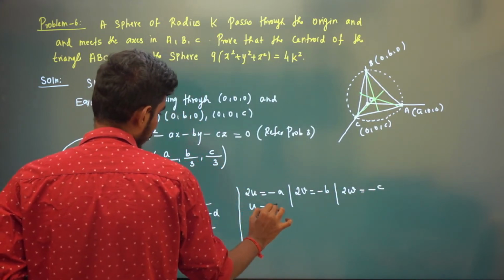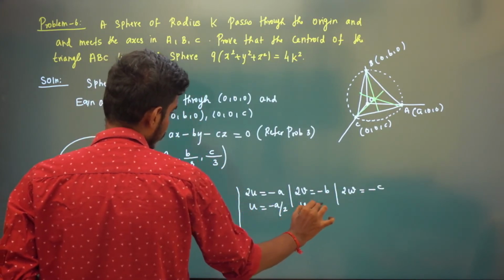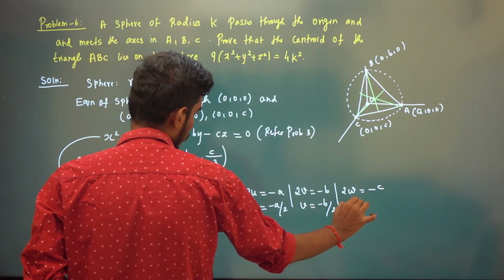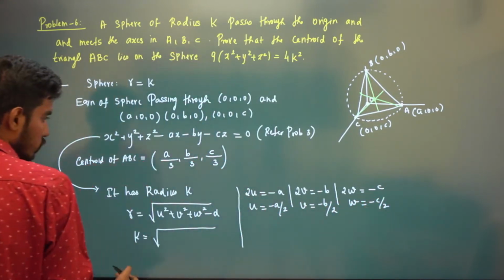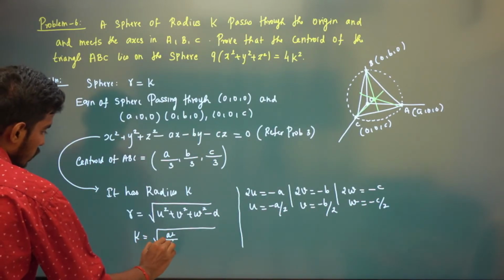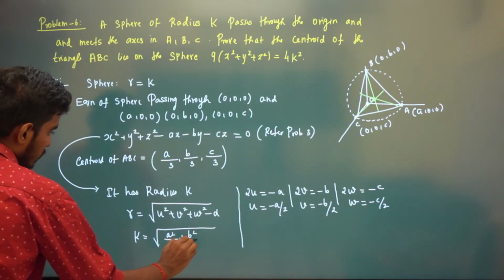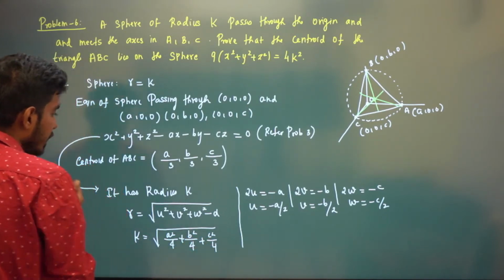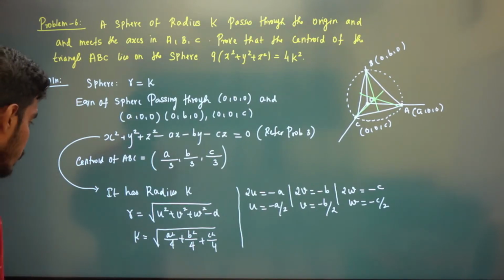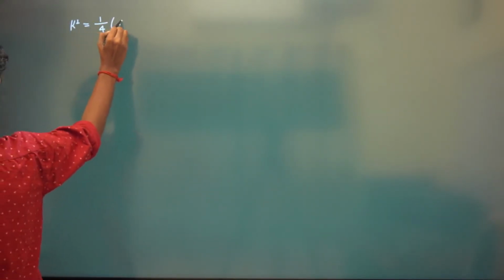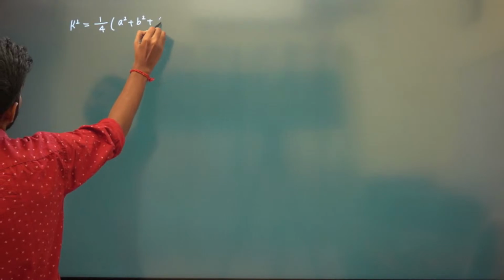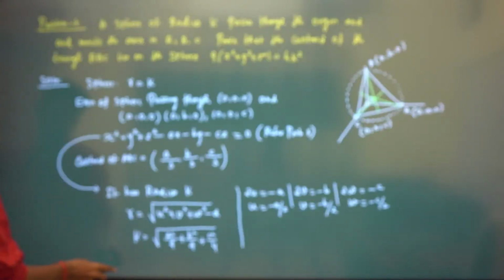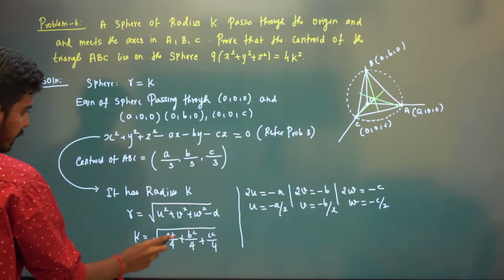So u is minus a by 2, v is minus b by 2, w is minus c by 2. So u square plus v square plus w square is a square by 4 plus b square by 4 plus c square by 4, and d is 0. If I square this, we get k square equal to 1 by 4 times (a square plus b square plus c square), so the square root gets vanished.